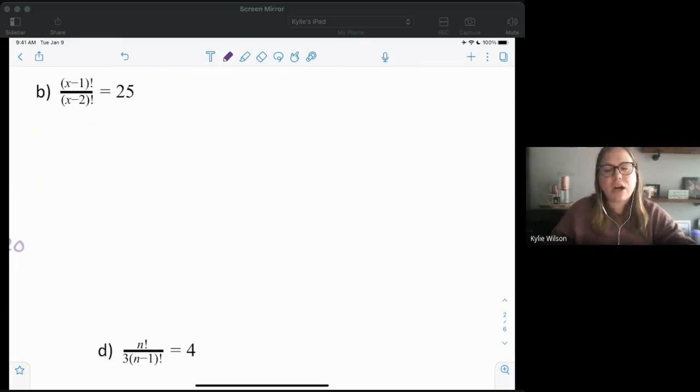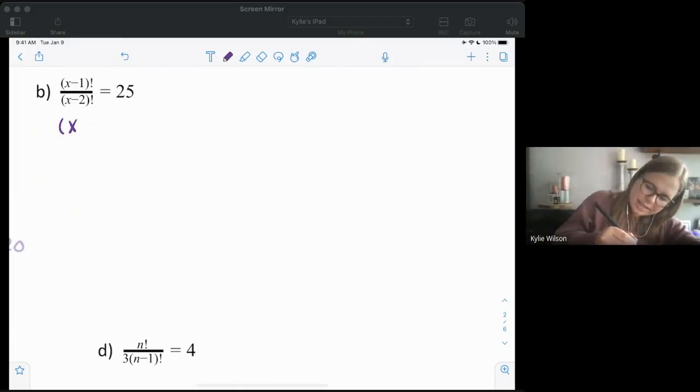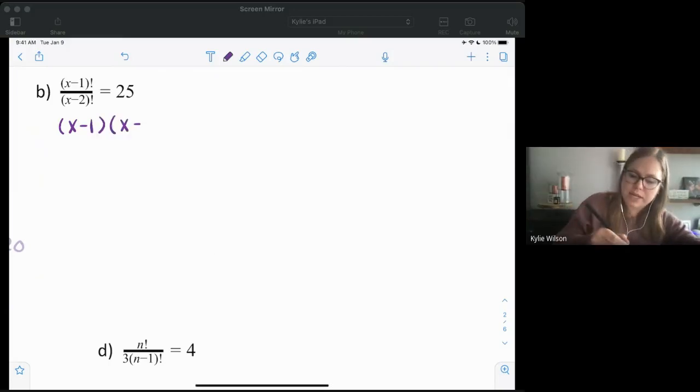If you find it hard to understand which one's bigger, you could always try subbing in a value for x and seeing which one's bigger or smaller. So we always want to expand the larger one, which is x minus 1. So let's expand that. x minus 1, x minus, remember we subtract 1 again, and we have x minus 2.